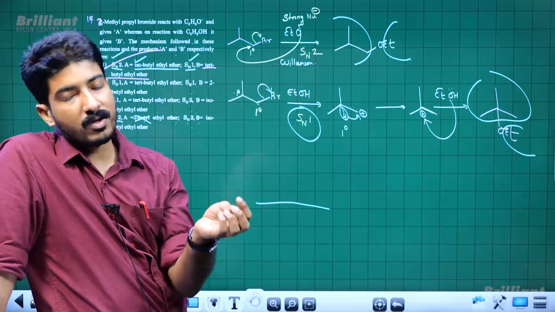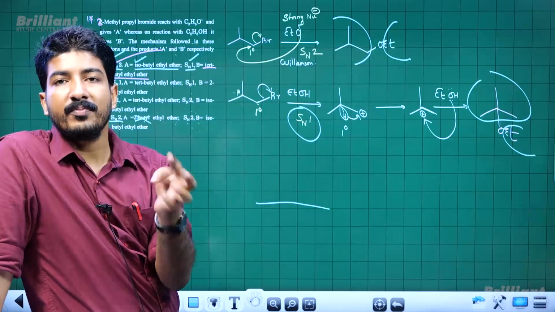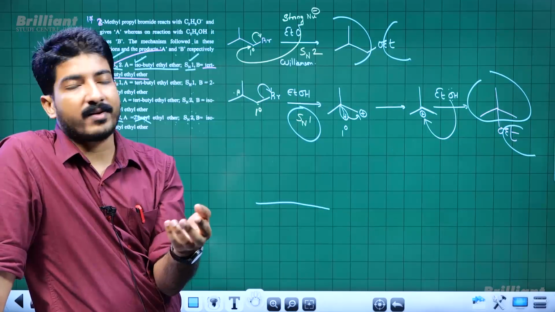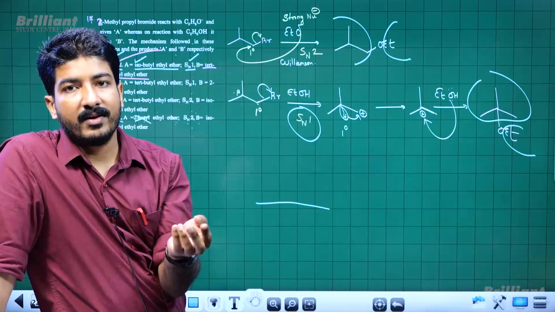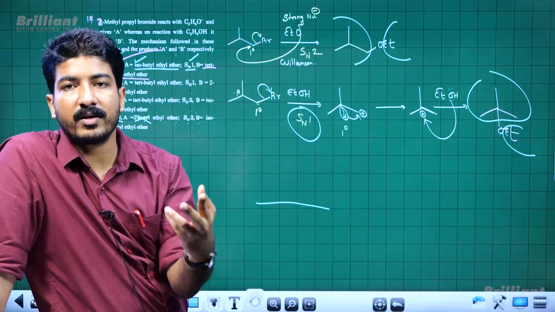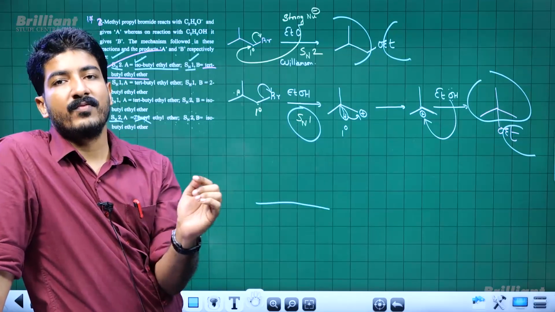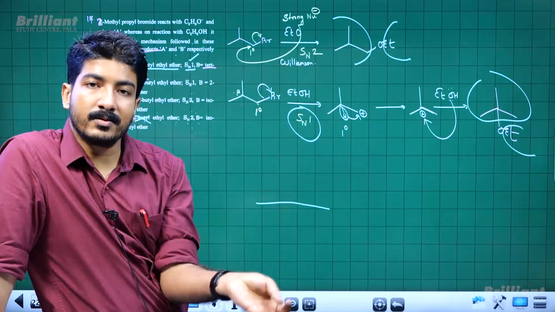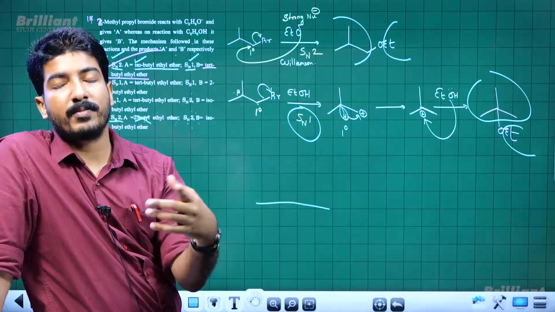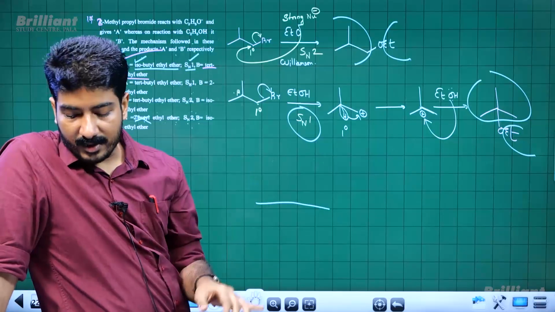In haloalkanes, they are already leaving groups. We don't have to modify anything to make a leaving group, therefore it occurs directly. Elimination and substitutions SN1, SN2, E1, E2 occur directly on haloalkanes, but not on alcohols and ethers. We have to create a leaving group first in them, then only these mechanisms can operate there. That is a difference. So we will discuss them in a later session.